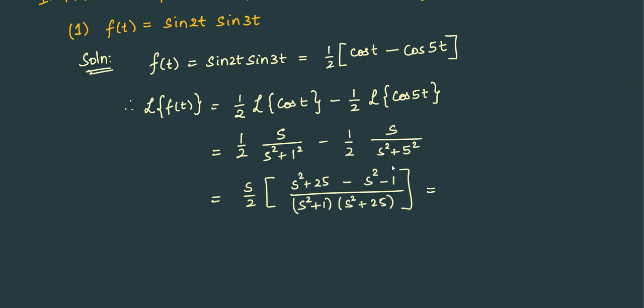The s square cancels, 25 minus 1 is 24, upon 2 is 12. So we get 12s upon s square plus 1 into s square plus 25. So the Laplace transform of this function, sine 2t sine 3t, has been converted to an algebraic function of s. This is how we find the Laplace transform.